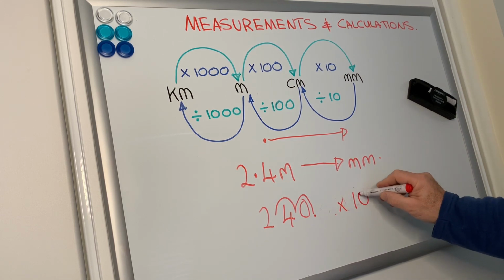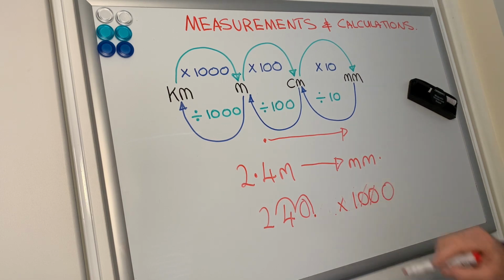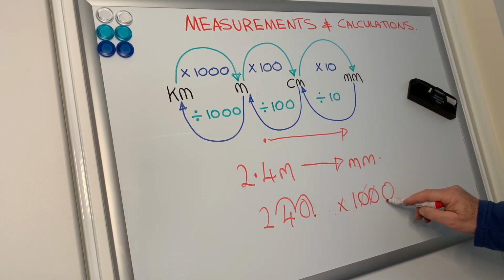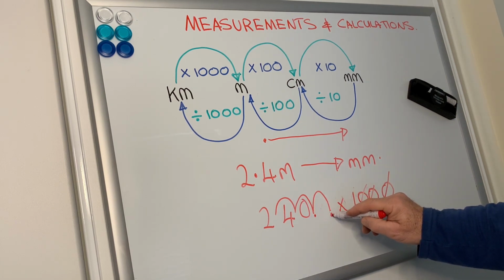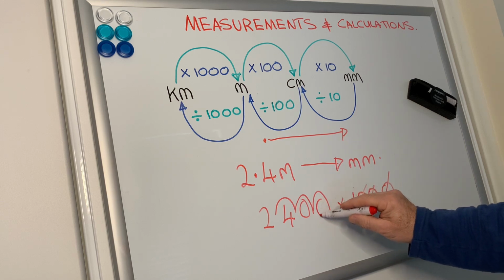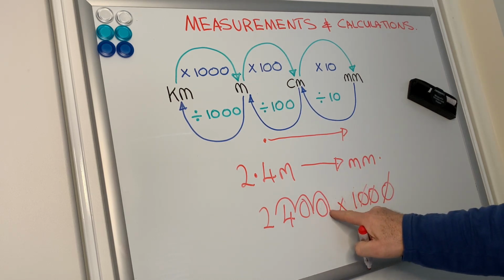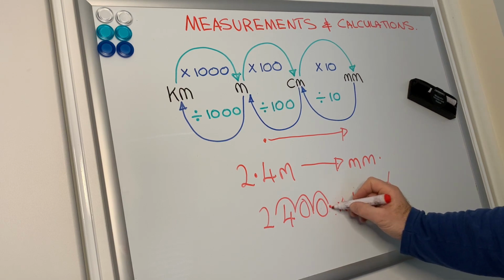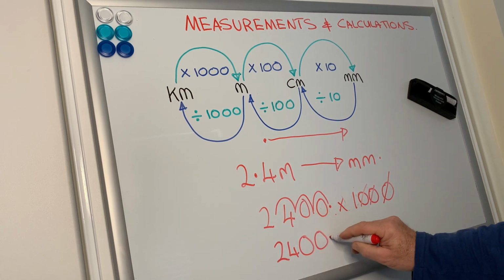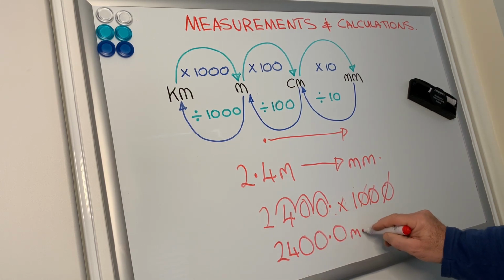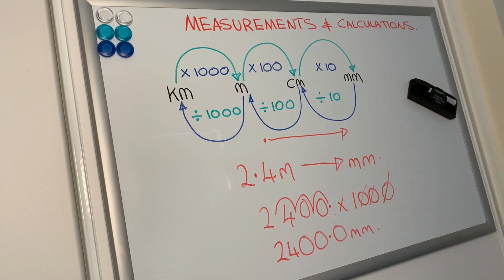Then we're going to move the decimal point to the right again, cross that 0 out. Okay, so that's it there. So it's actually 2,400.0, if you want to say that, millimeters. Just to give you an example. So 2,400 millimeters.